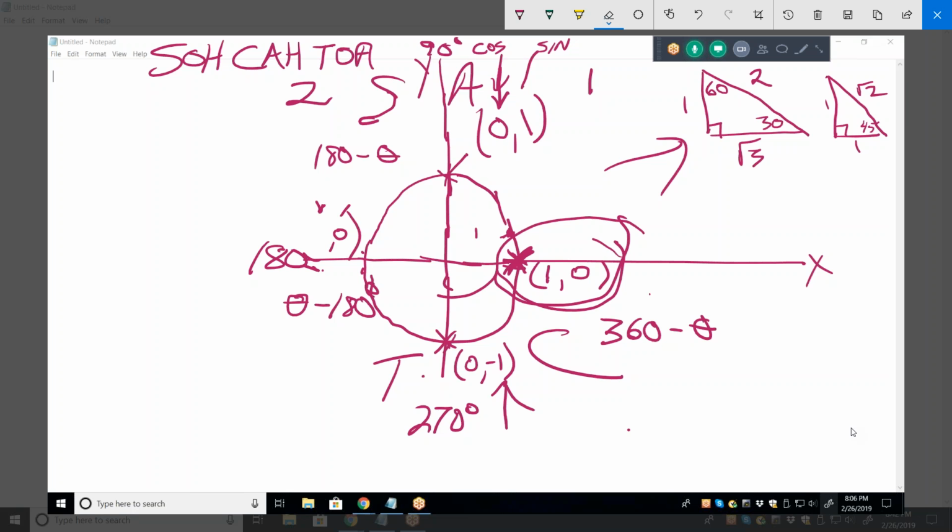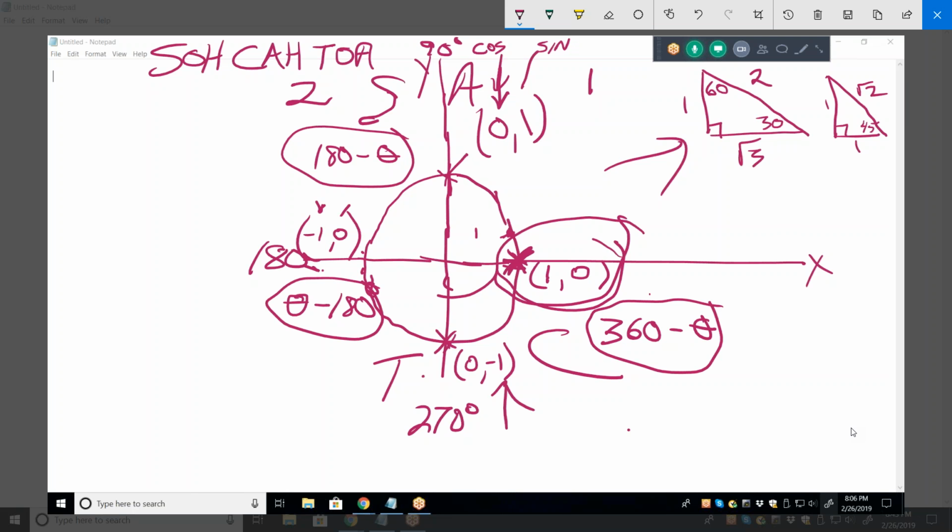I guess I need that -1 right there. But everything else there is critical. These are most critical. That's what allows you to convert it to that first quadrant angle. So if you get this lesson, you've taken great strides.